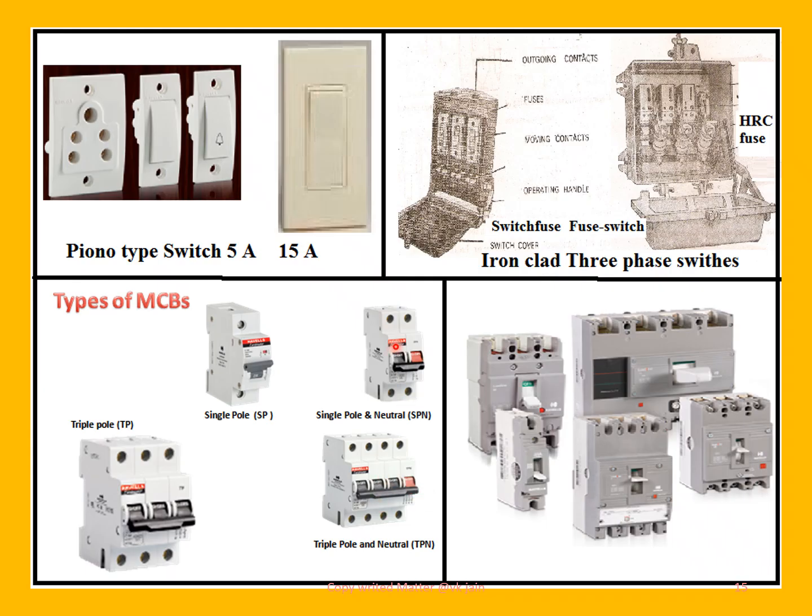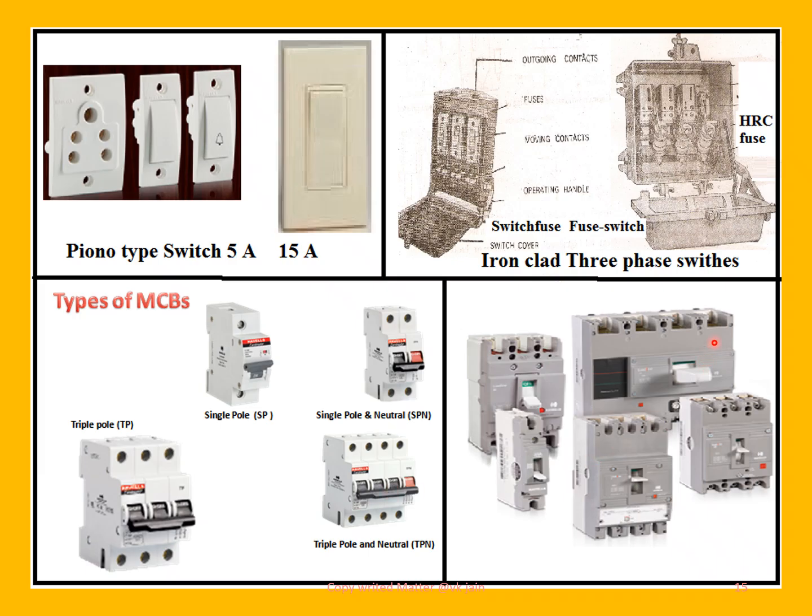These two different switches, SPN and TPN, are used in the incoming circuit when electric supply comes from somewhere else and it gets connected to your panel. The first point is always through triple pole and neutral as per electricity rules.